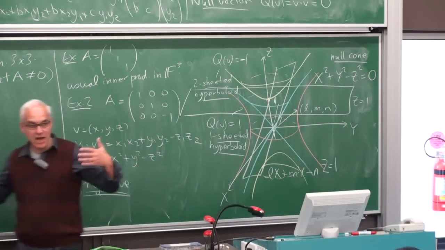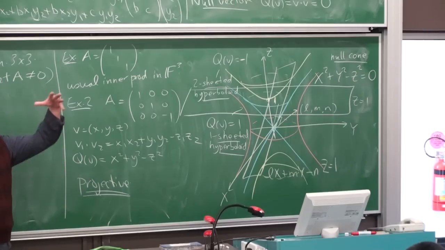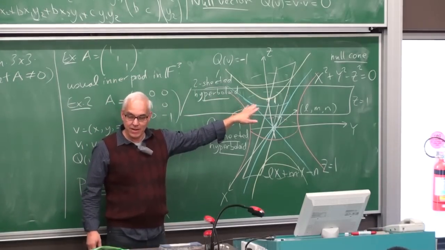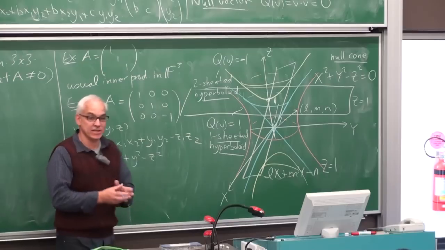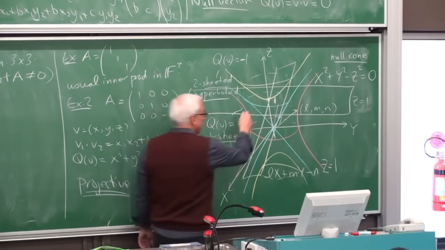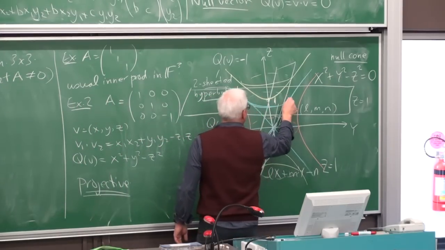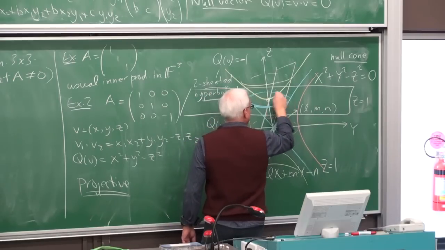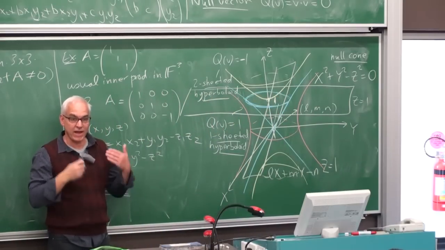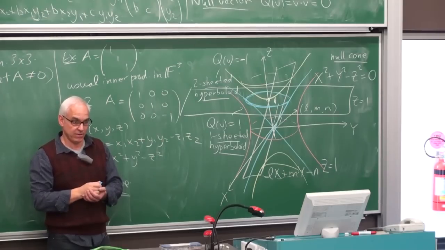So if we're looking at this entire story sort of projectively, from the point of view of this plane z equals 1, then the first thing that we see is this null cone. The null cone intersects our plane in a single circle, which will be the unit circle in that xy plane.